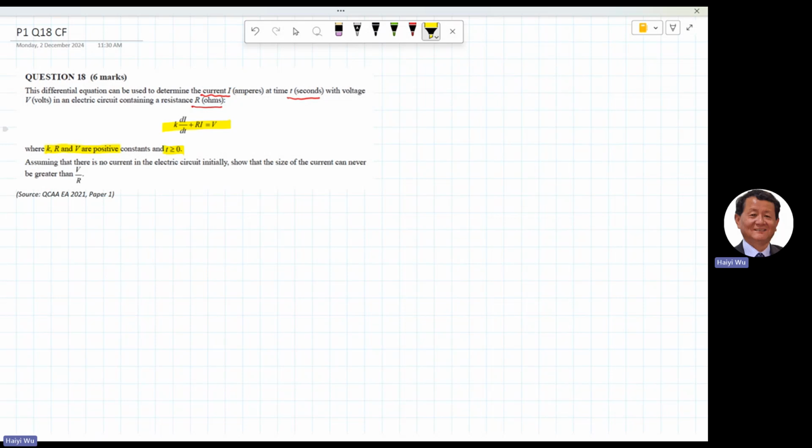So what does that mean initially? Initially, when the time equals 0, I is 0. That's a given.